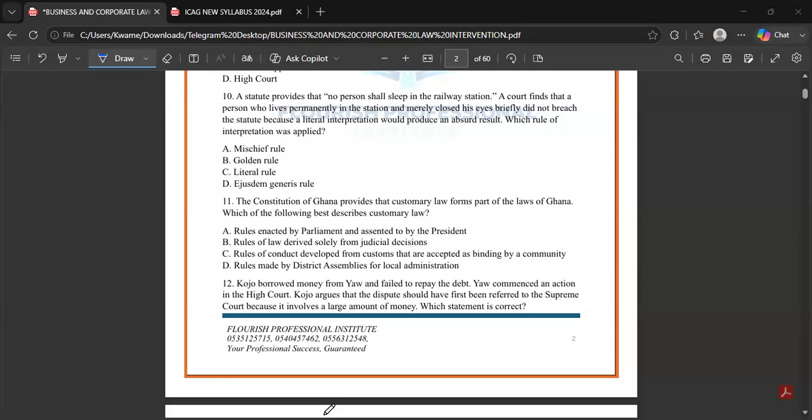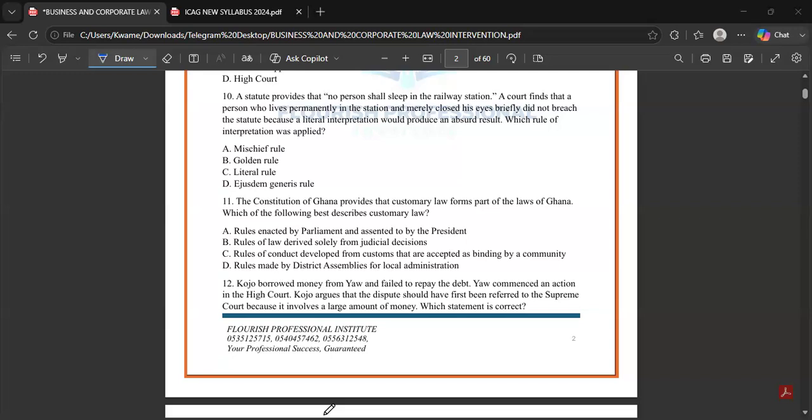Both the mischief rule and the golden rule are there to modify the literal rule. But the golden rule modifies the literal rule in order to avoid an absurd result. Meaning that if you strictly apply the literal rule, literally apply the law, it may produce an absurd result, an unfair, extreme result.